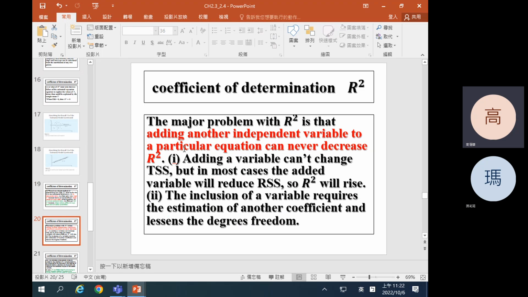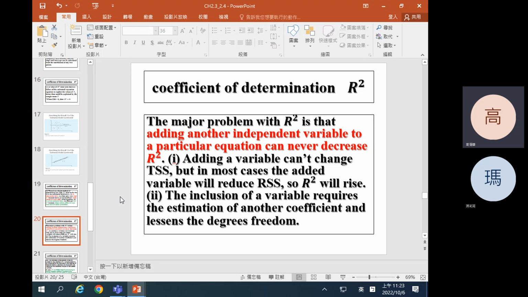So the major problem with R squared is that as long as you add another independent variable to the particular equation, R squared can never decrease. In other words, if you add one more nonsense variable into the x variables, although if we do the research, we won't add nonsense variables in it.